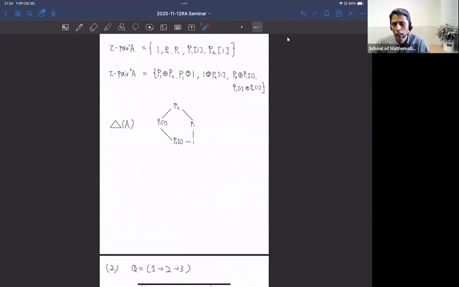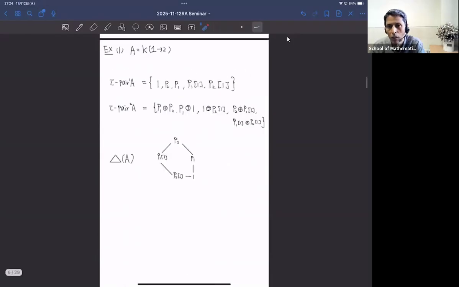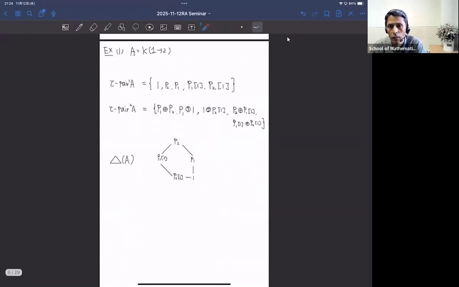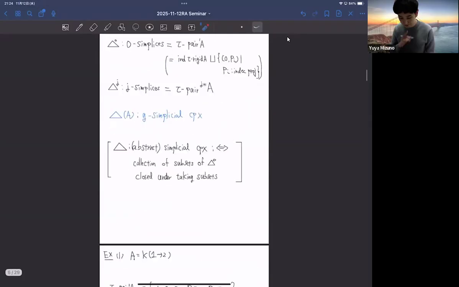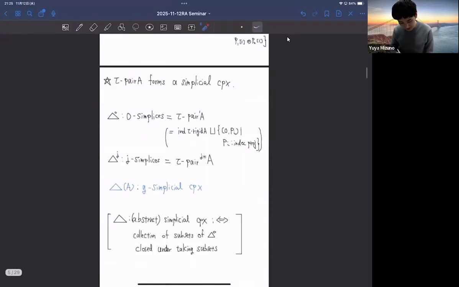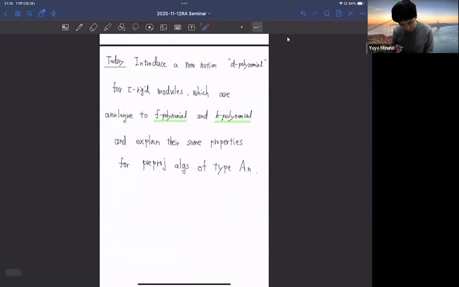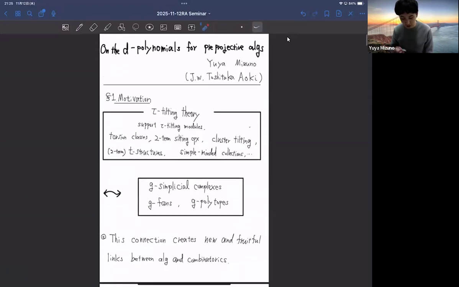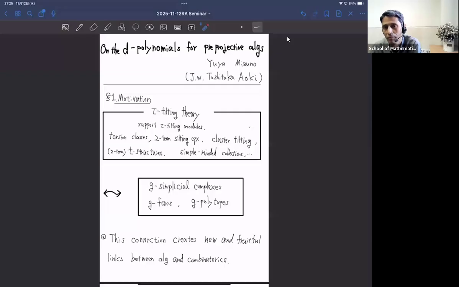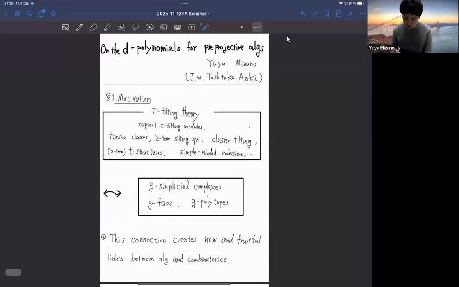And the other question: in the tilting case, there is a well-known simplicial complex due to Riedtmann and Schofield. Is it the same definition or is it different? Ah, very important point. Actually, this is a slight generalization of the classical tilting case, because a tilting module is a special support tau-tilting module.